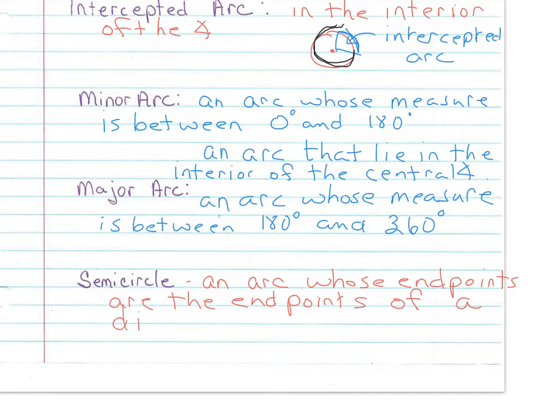What do you think the measurement of a semicircle might be? 180. The measure's exactly 180. Okay, it measures exactly 180 degrees.